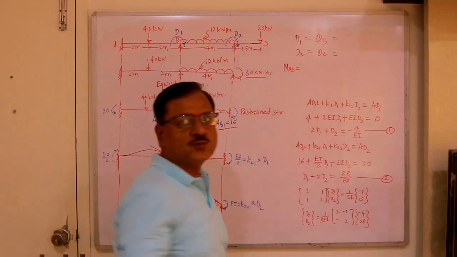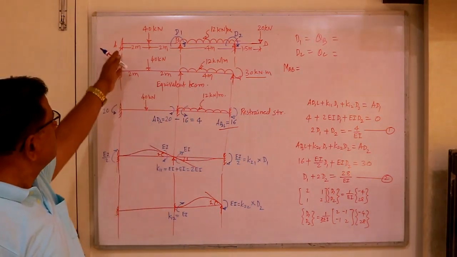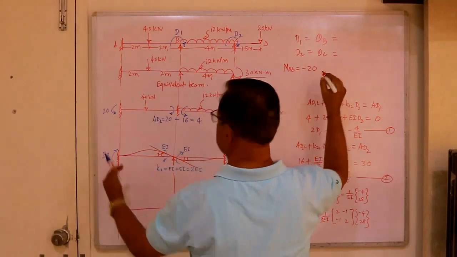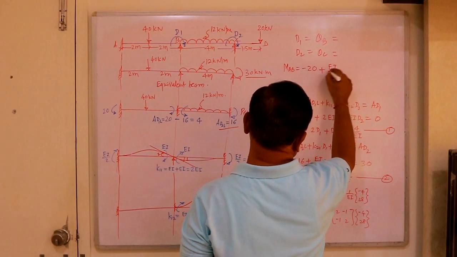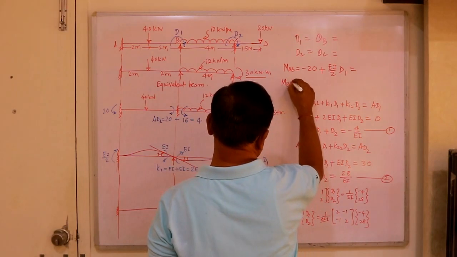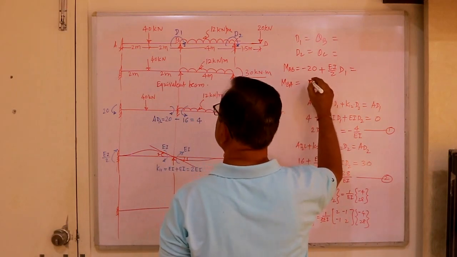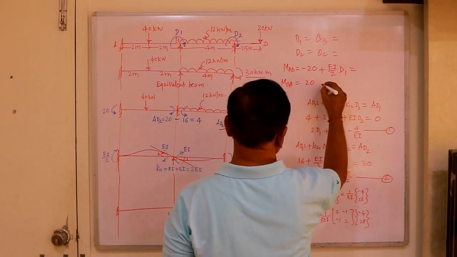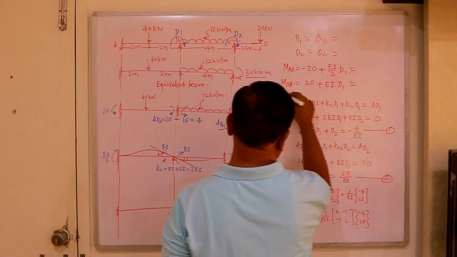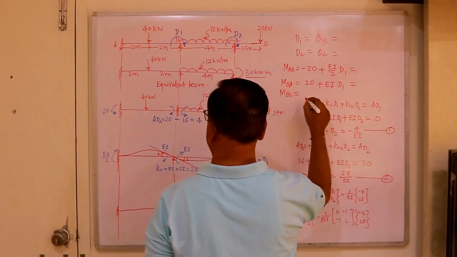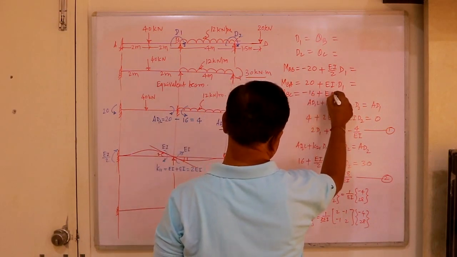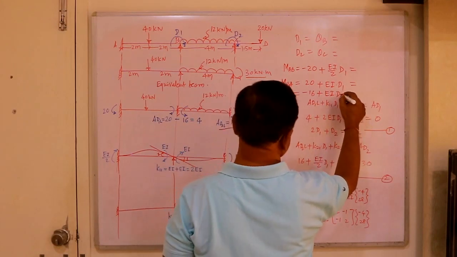Then MAB equal to, right? Now MAB, here anticlockwise, so minus 20 plus EI by 2 D1, and MBA equal to plus 20 plus EI D1, that's all, and MBC equal to minus 16 plus EI D1 and plus EI D2.